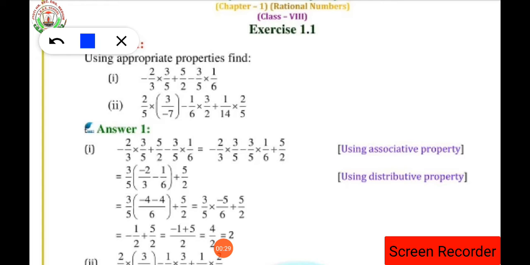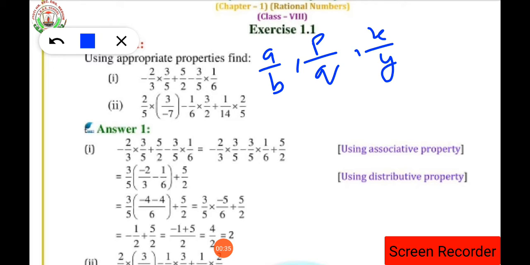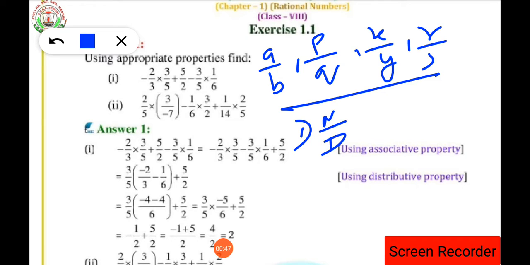If any number is in the form of a by b or p by q or x upon y, any alphabet, okay, when the number is in this form, it is called a rational number under two conditions. What will be the two conditions? That its numerator and denominator, that means the values of a by b, p by q, whatever, should be integers.